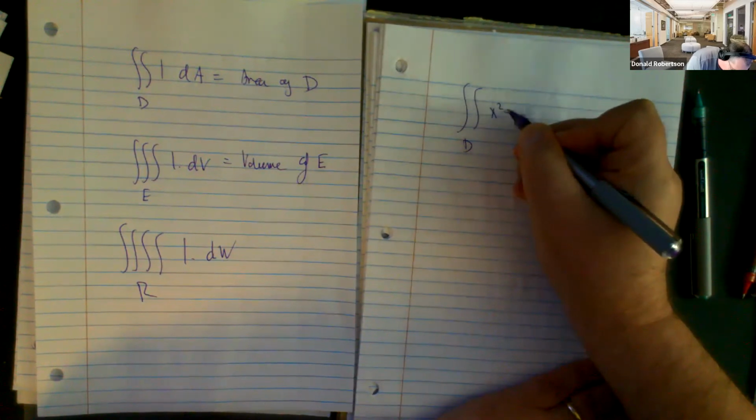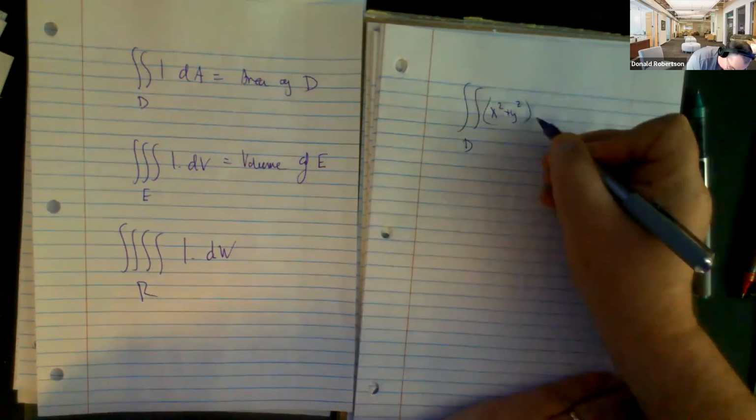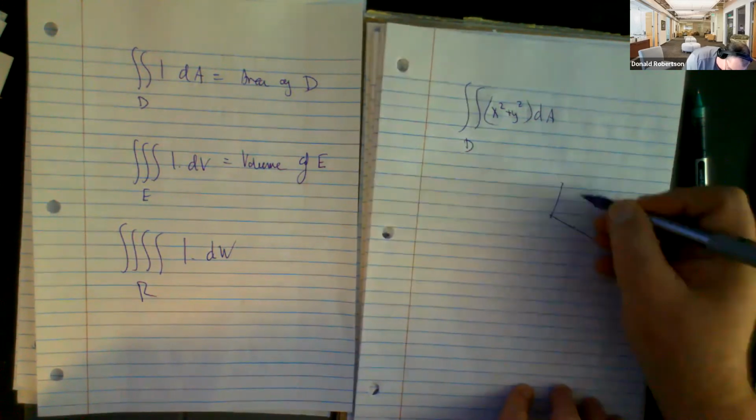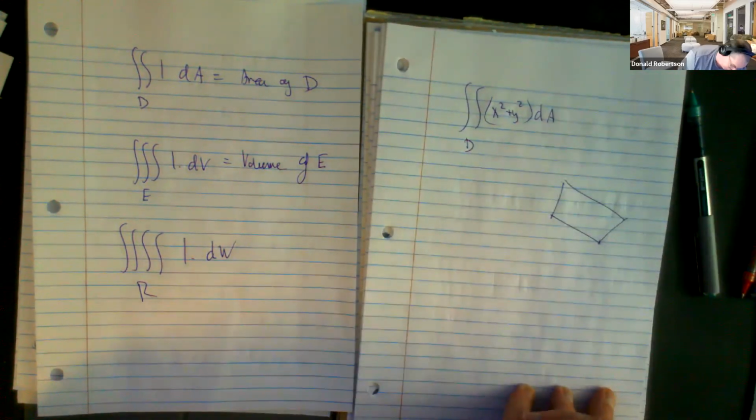Okay, so then if you take a double integral of a function, like a parabola or something, what is that then? What you're doing there is you're adding up the total of whatever this function is. So if someone said to you, I have a double integral over some region D of x squared plus y squared, just for argument's sake, then you've got a region in 2D space, let's say that trapezium.